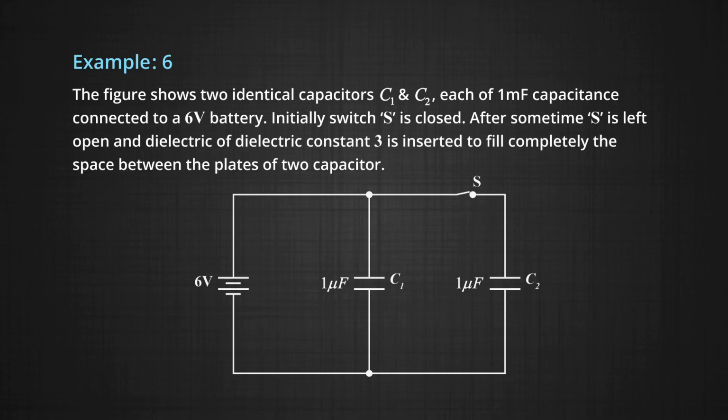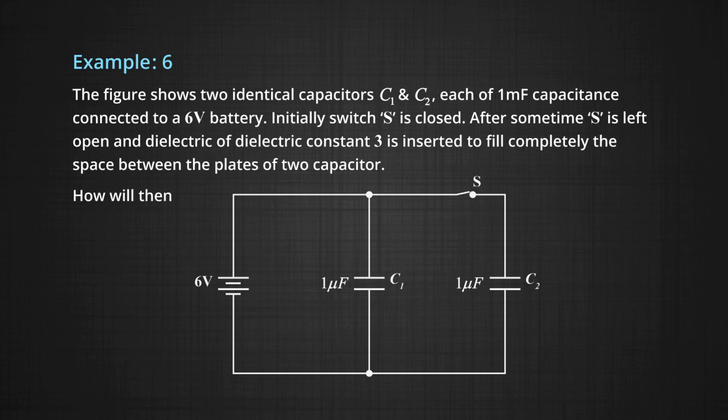Example number 6 now. The figure shows two identical capacitors C1 and C2, each of 1 microfarad capacitance, connected to a 6-volt battery. Initially, the switch S is closed. After some time, S is left open and a dielectric of dielectric constant 3 is inserted to fill completely the space between the plates of two capacitors.